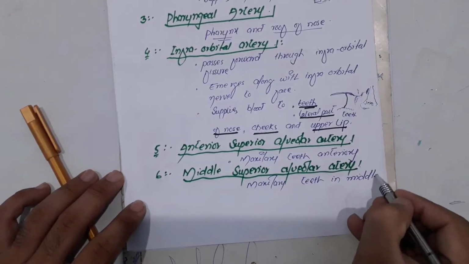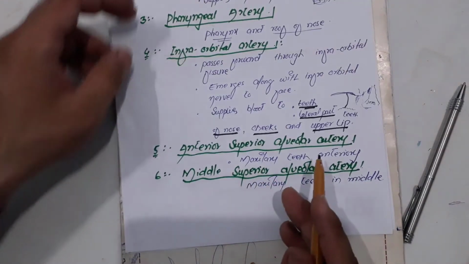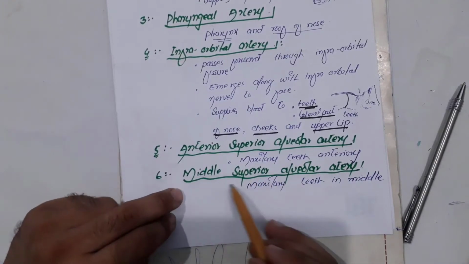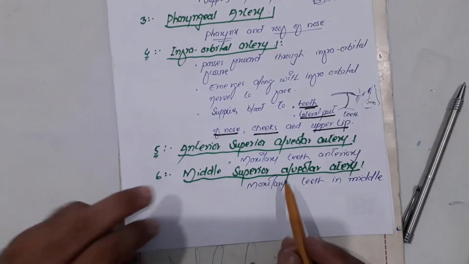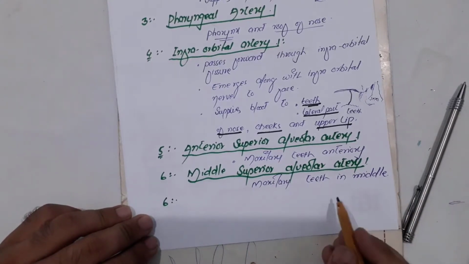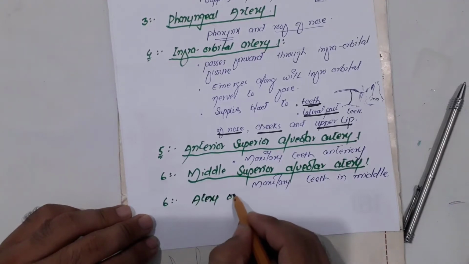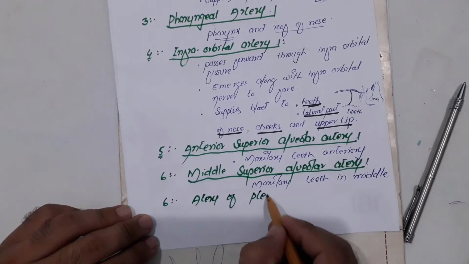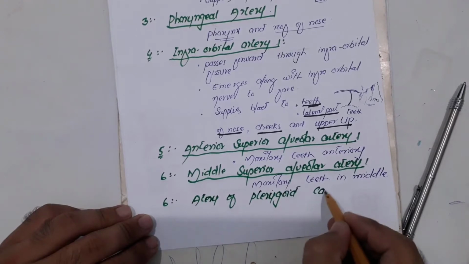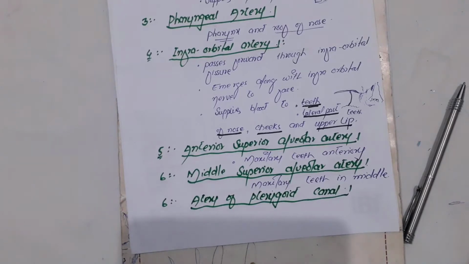It's so simple, right? Here we have covered the posterior superior alveolar artery, anterior superior alveolar artery, and middle superior alveolar artery, and then there is a branch which moves towards the pterygoid canal, that is called the artery of the pterygoid canal.